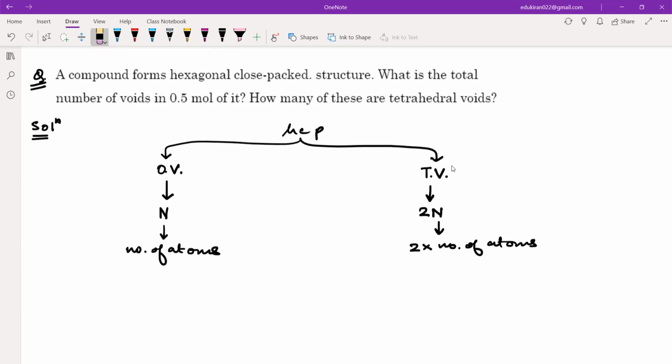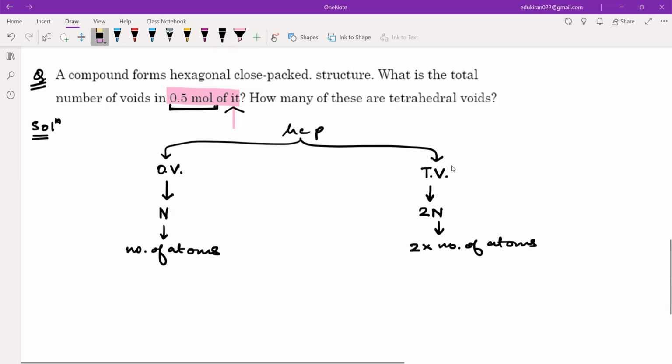Read this question. A compound forms HCP structure. What is the total number of voids in 0.5 mole of it? So what is the amount of compound given? 0.5 mole. So we have 0.5 mole of atoms, right?